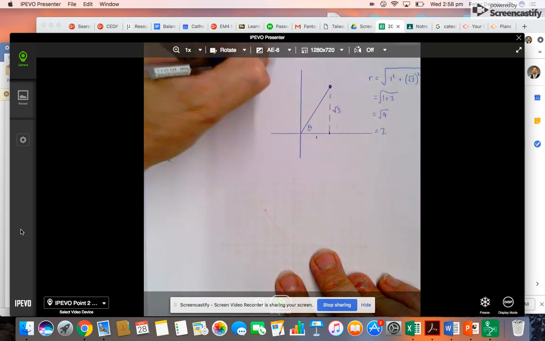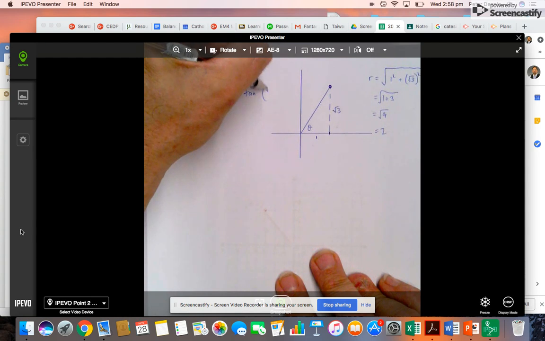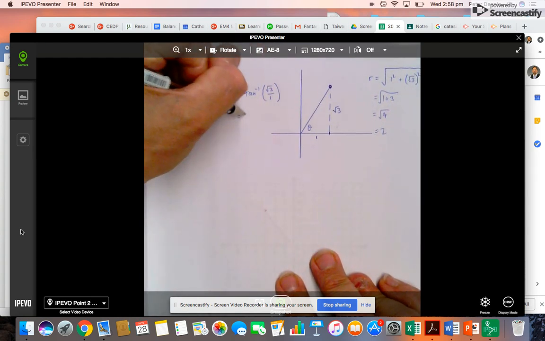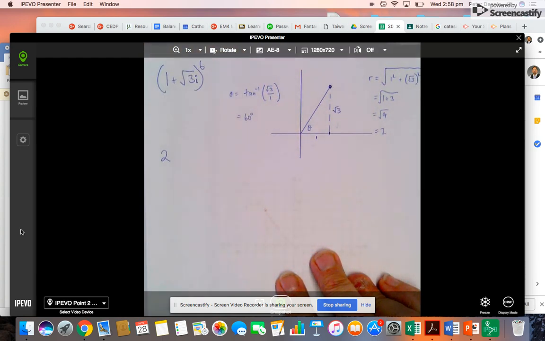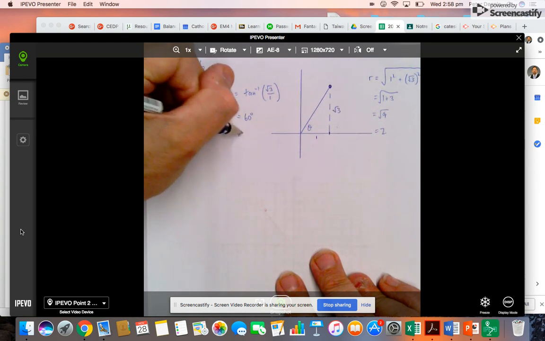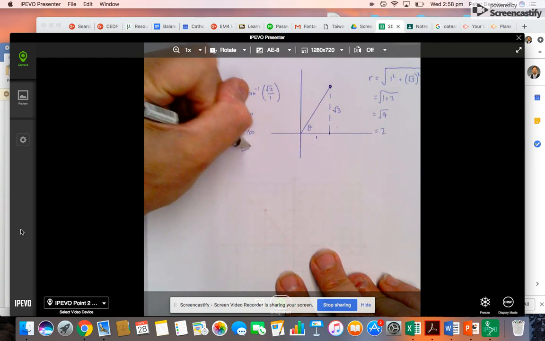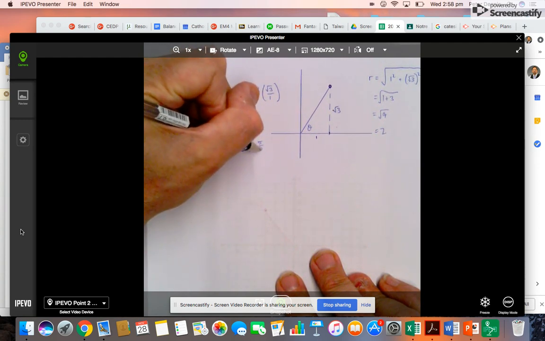So theta equals tan to the minus 1 of y over x. Now, I know that is 60 degrees. It's one of our known ones. And let's just change that to, if pi equals 180, therefore 60 is going to be equal to pi over 3.